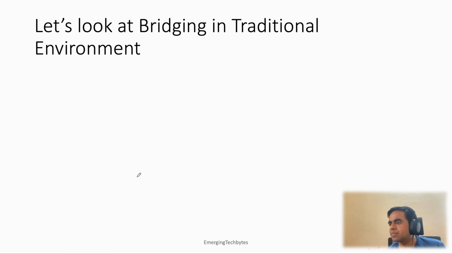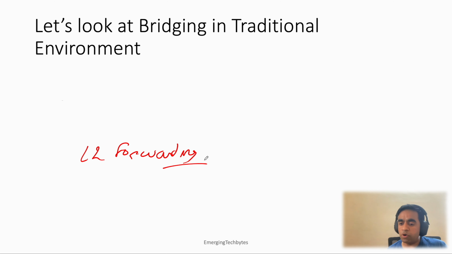And the layer 2 forwarding, right? We are talking about the traditional environments. So the L2 forwarding you can call more of a guesswork, right? If you don't know where the destination is, send it to everybody.